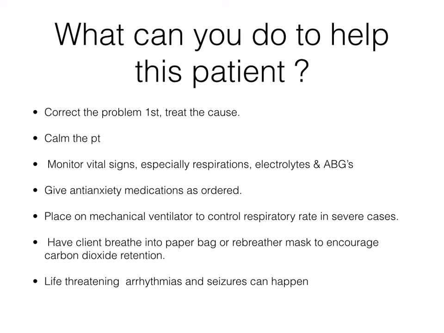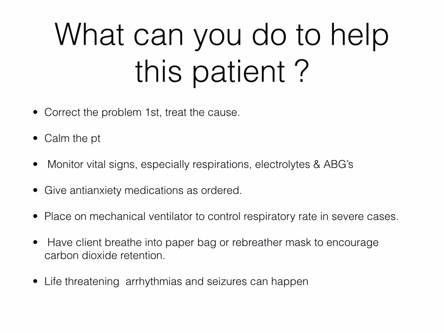Have the client breathe into a paper bag or rebreather mask to encourage carbon dioxide retention. So here we want a little bit of carbon dioxide retention. Life-threatening arrhythmias and seizures can also happen with respiratory alkalosis if not monitored.